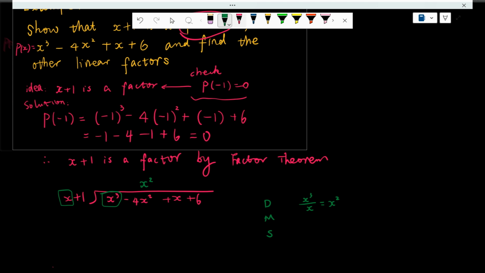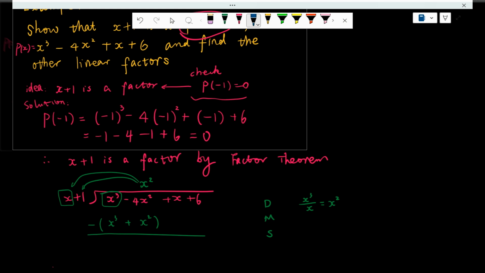Second step, we are going to multiply x squared, and then we will have x cubed plus x squared. This one is multiplication. Then the last step, subtraction.